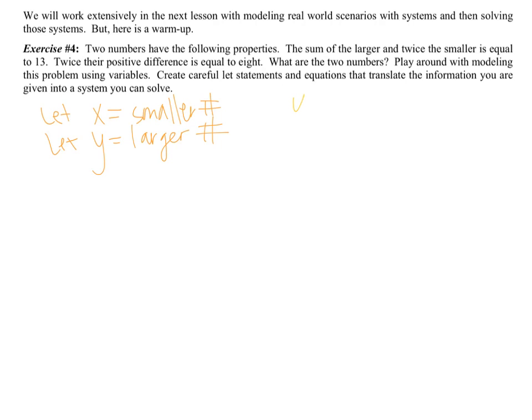So the sum of the larger number, which means y plus, and twice the smaller number, remember the word is means equals, to 13. We have one equation. Our second equation, twice their positive difference. So twice the positive difference, which means in order to get a positive difference, you have to take the larger number minus the smaller number, is equal to 8.